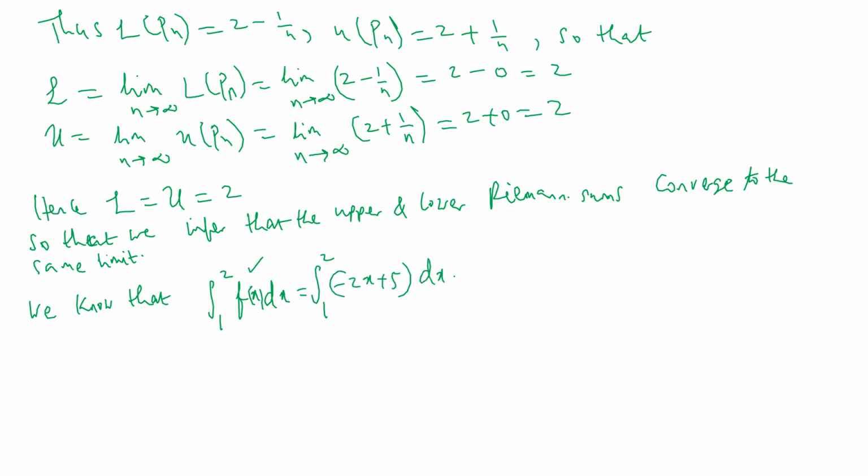Let me put an easier function to deal with. So we have minus 2x squared over 2 plus 5x from 1 to 2, which is minus x squared plus 5x.